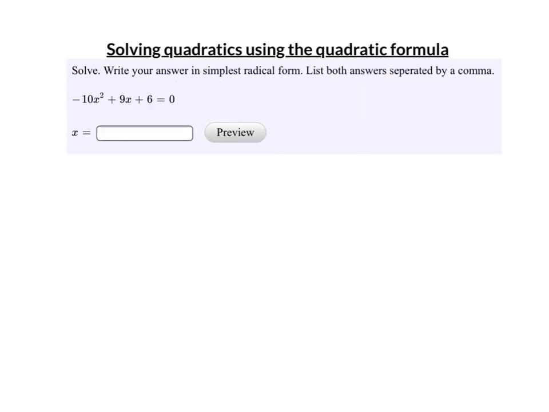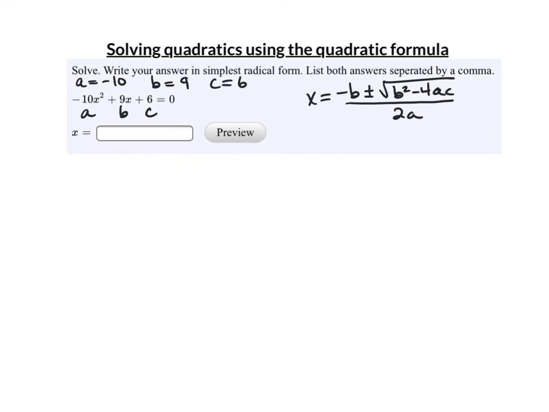Last example. There's our A and our B and our C. So A is negative 10, B is 9, and C is 6. I'll write down the quadratic formula. So let's plug in our numbers.